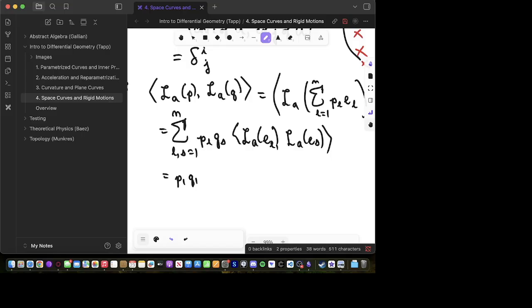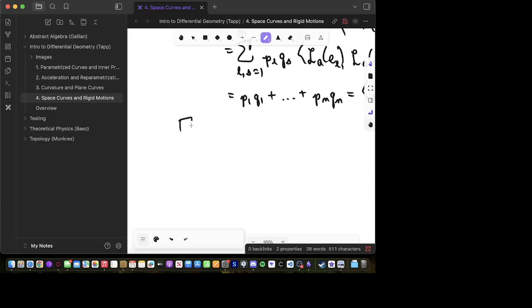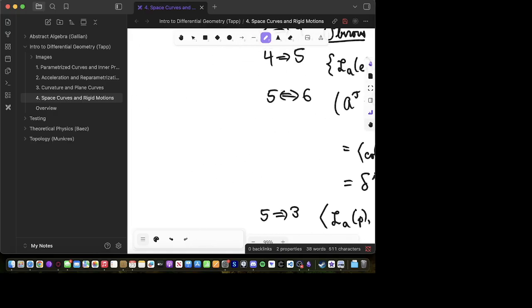So we're going to have P1 Q1, 1 is the same as 1, plus all the way to Pn Qn, and that is the inner product. So that concludes the very long proof.